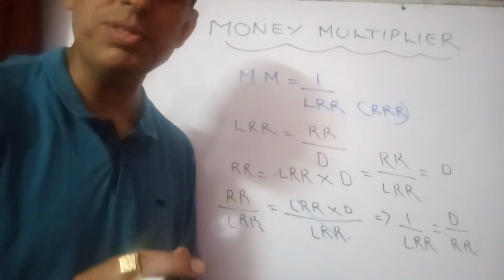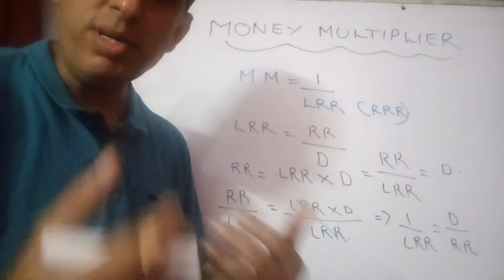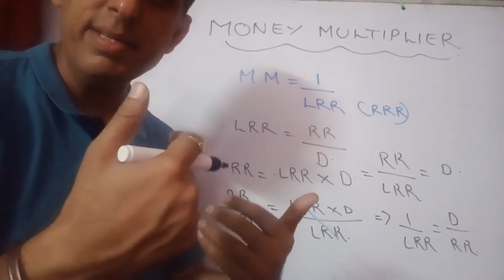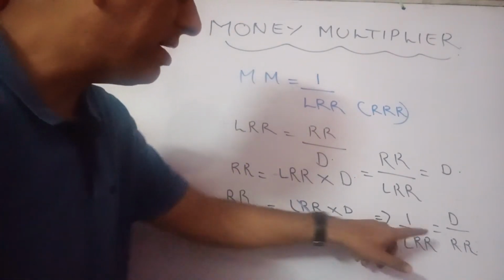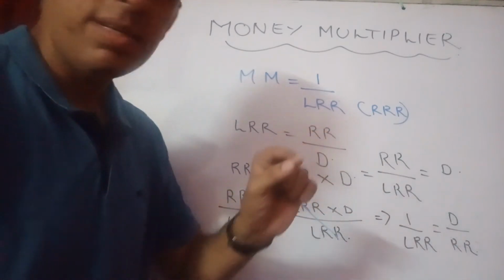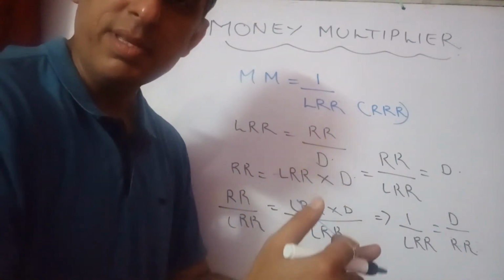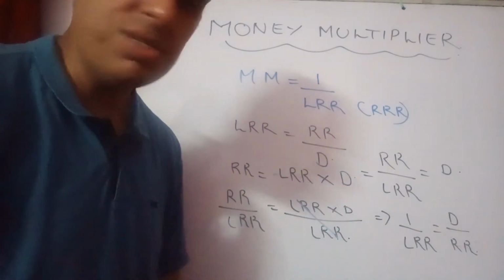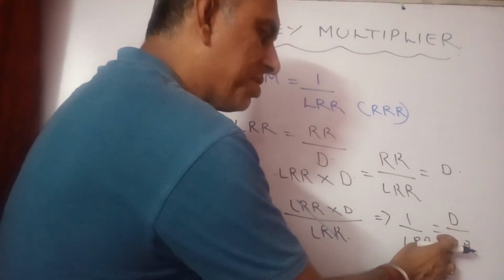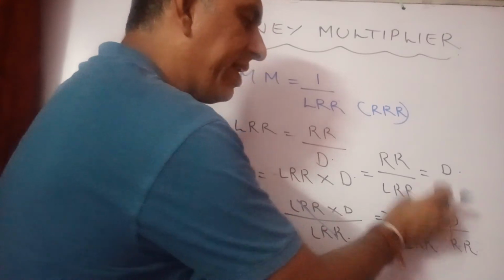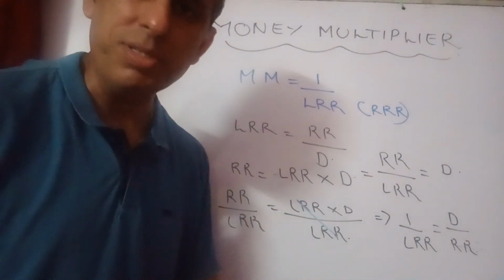Now if you remember, students, what does money multiplier tell, or what does money multiplier have to offer? Money multiplier is nothing but an expression which tells how many times a unit of reserve is going to generate deposits.